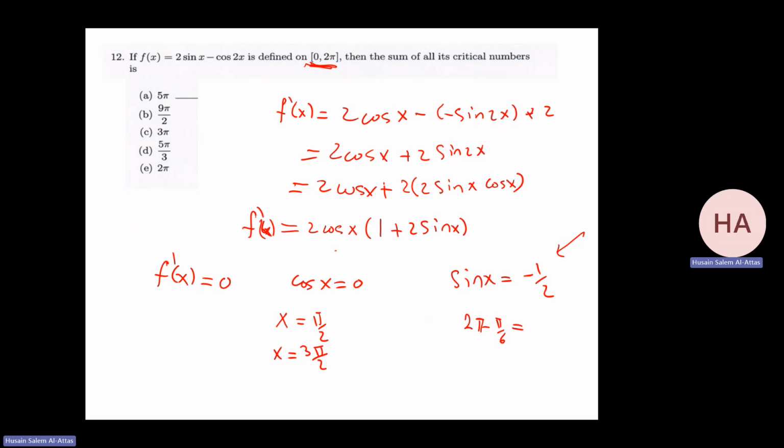Yeah, I made a mistake somewhere. This is minus cosine 2x, its derivative will be sine 2x, yeah, a minus sine 2x times 2. So minus sine 2x, that will be 2 sine x cosine x. I took 2 cosine, I have 1 plus 2 sine. So I need sine x to be minus half.